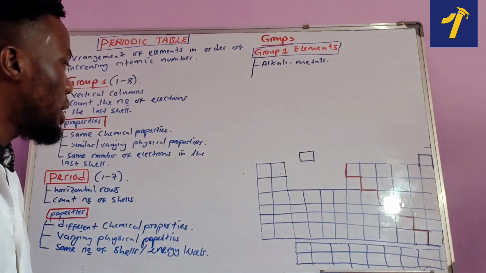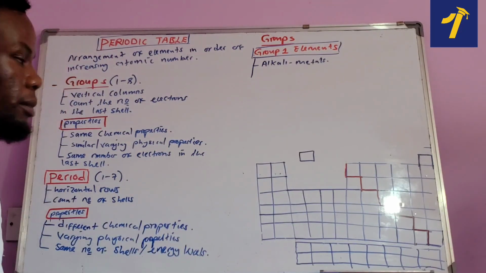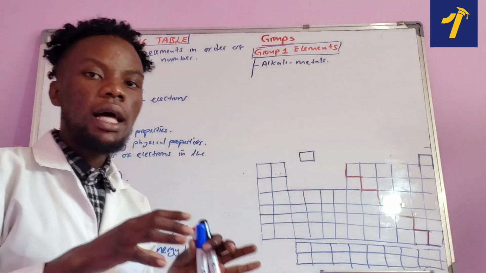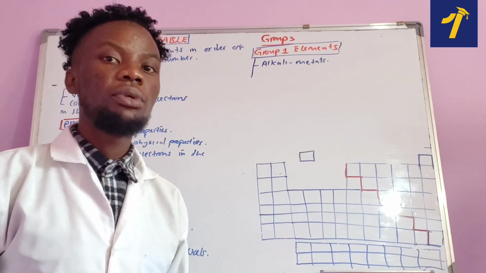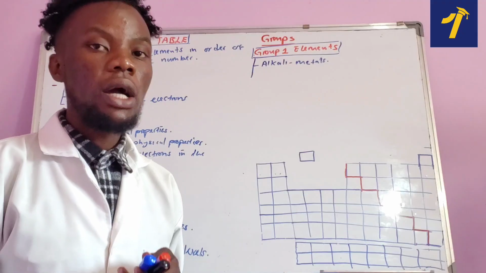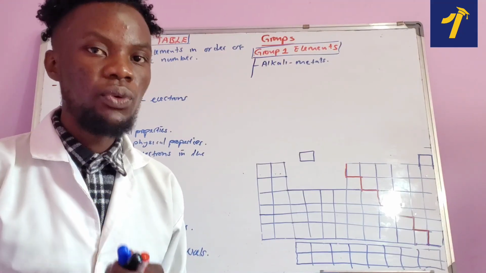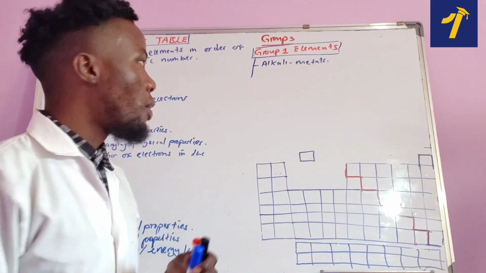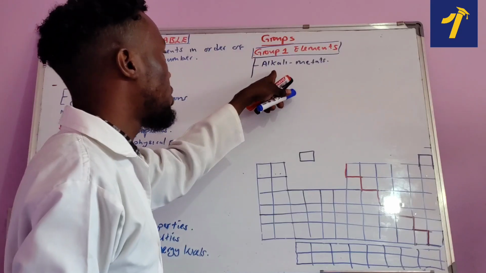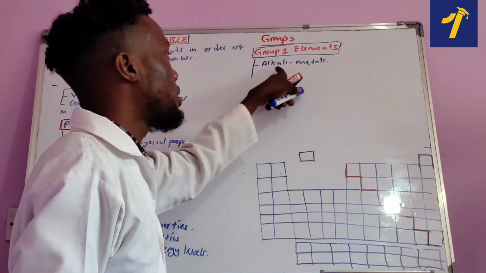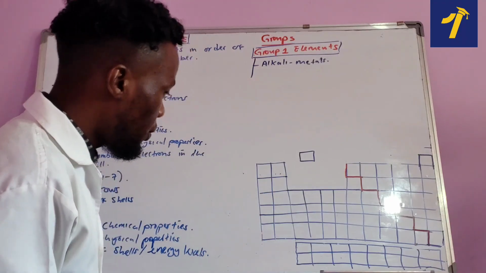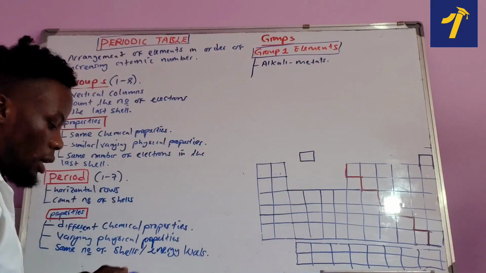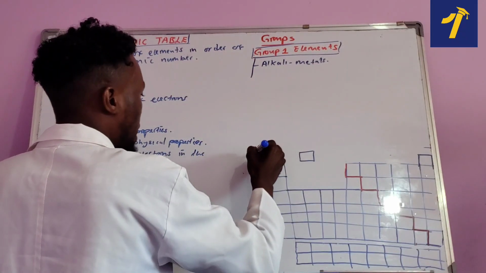So if you react group 1 elements with other elements like oxygen, or with water, they are going to produce an alkali, which is a soluble base. No wonder they are called alkali metals, because whenever they react, they produce an alkali.